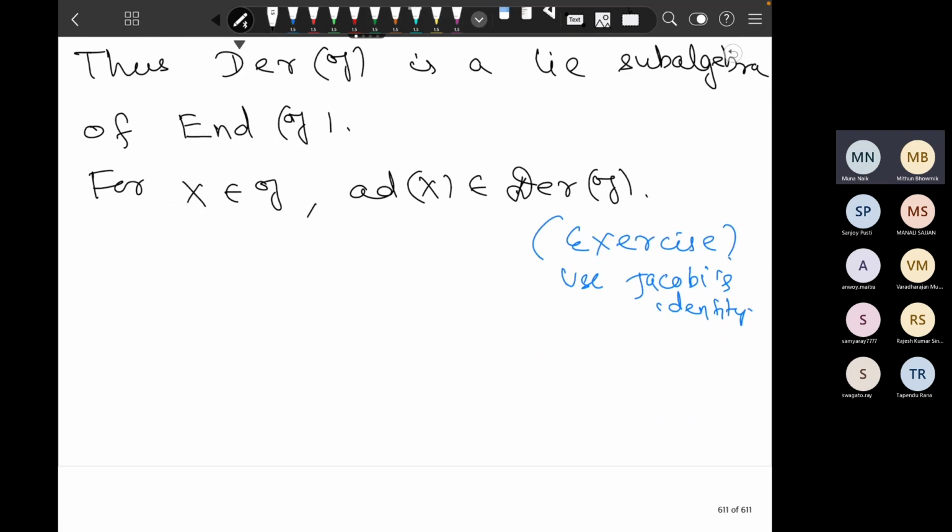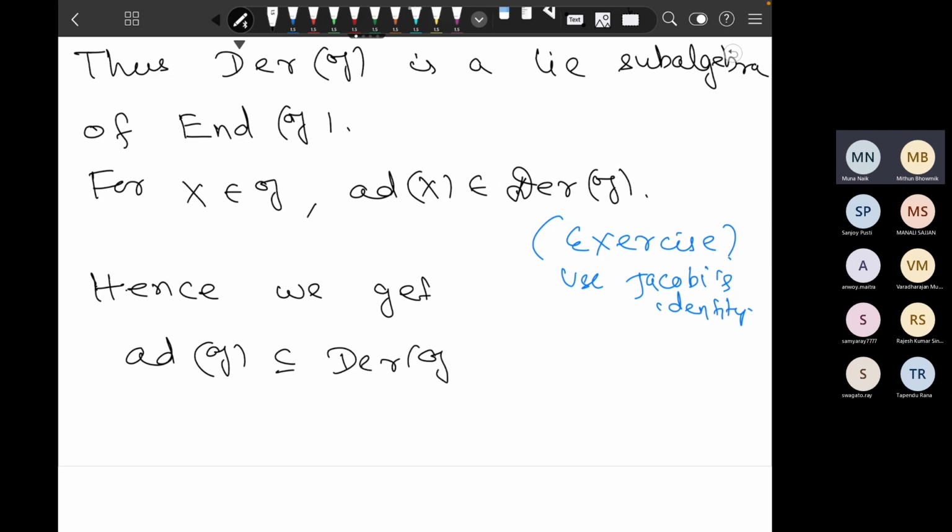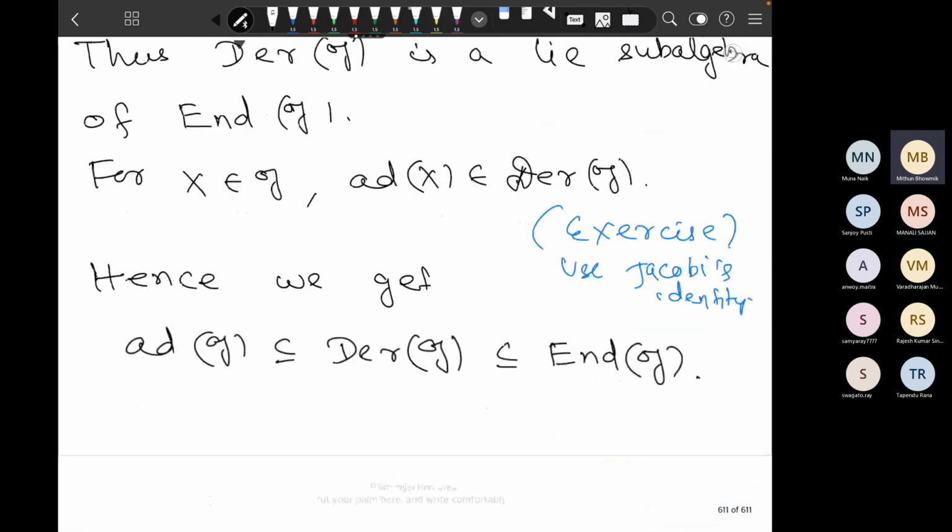Hence what you get? Hence we get this thing, this ad g is a subset of the derivation of g, a subset of End g. Okay. These are three important Lie algebras.